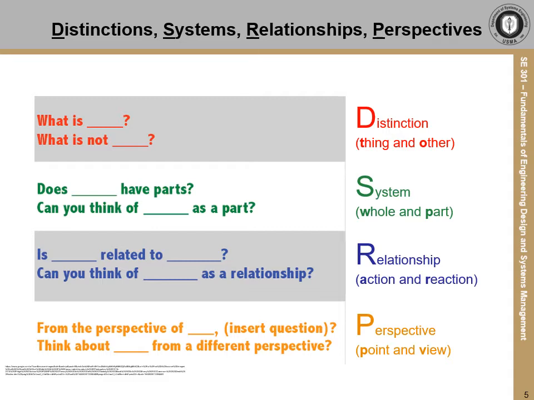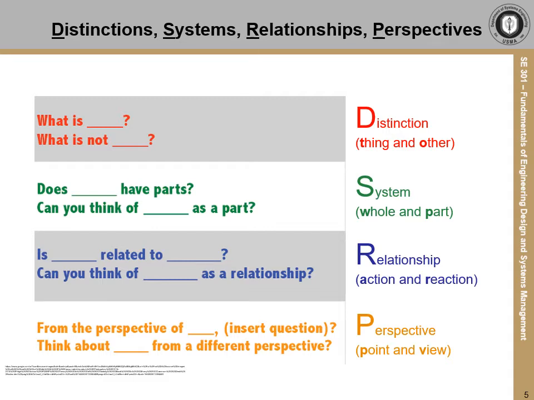The relationships, actions, and reactions. Is the thing related to a thing, or can you think of a thing as a relationship? So how do we relate to one another? As we think about relationships, how do cadets relate to the Army? How does faculty relate to the subjects in which we teach? There's a relationship there. And then what about the perspectives?